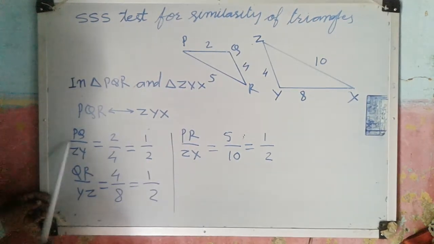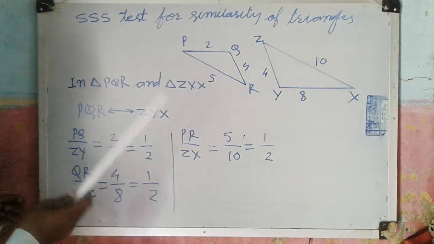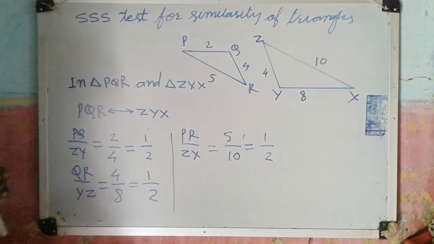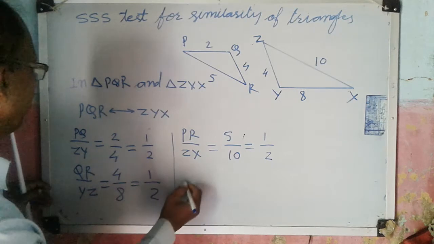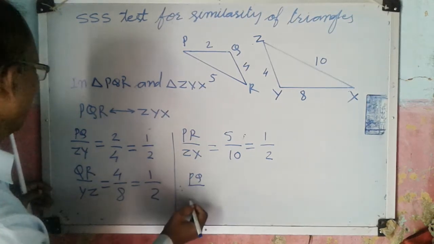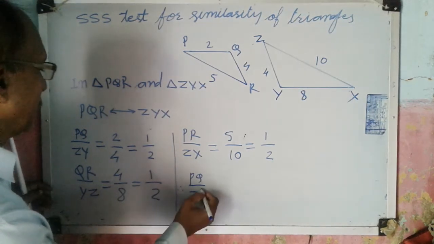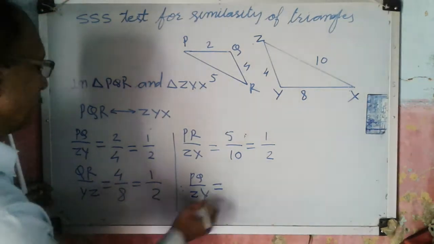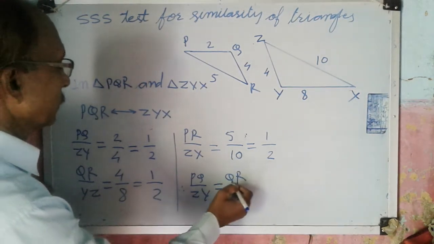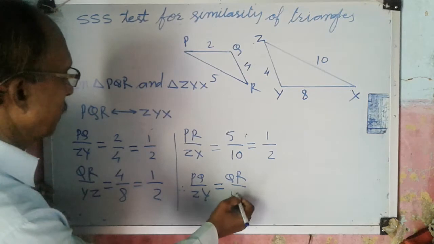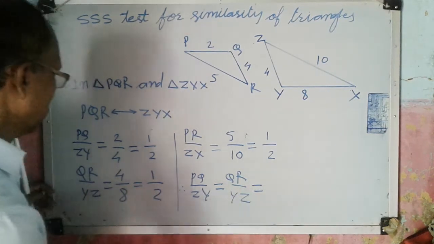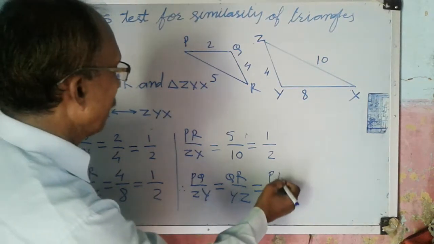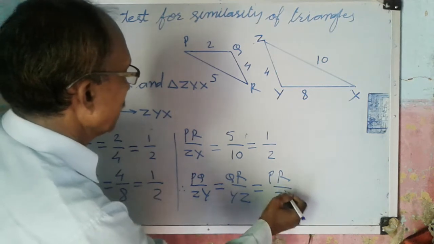That means all these ratios of corresponding sides are equal: PQ upon ZY is equal to QR upon YX is equal to PR upon ZX.